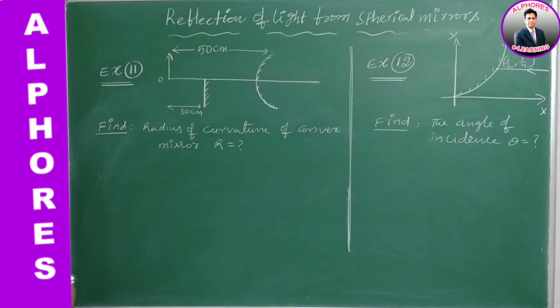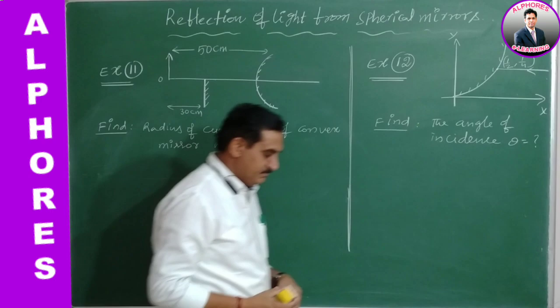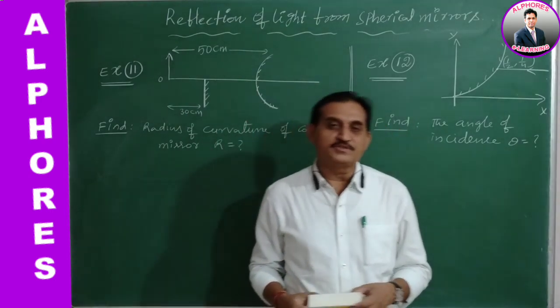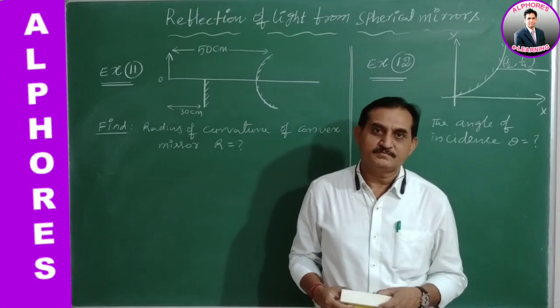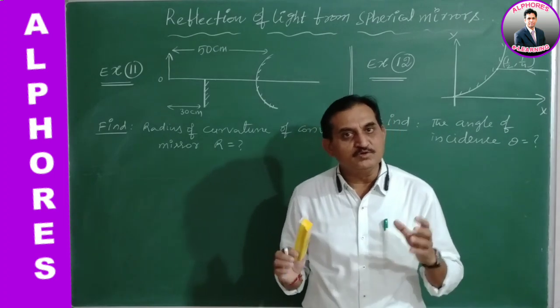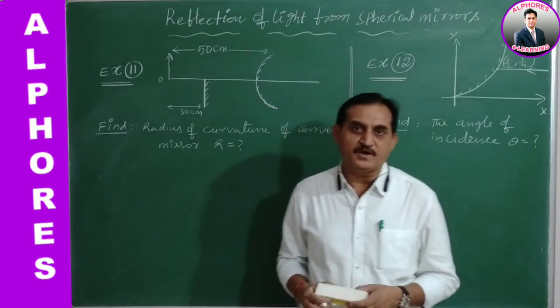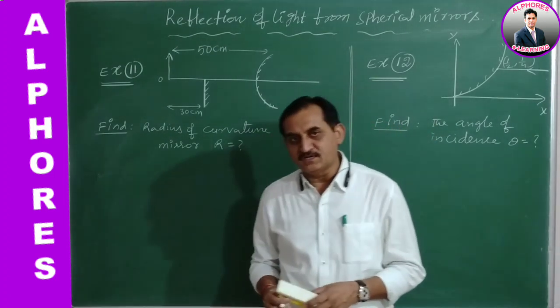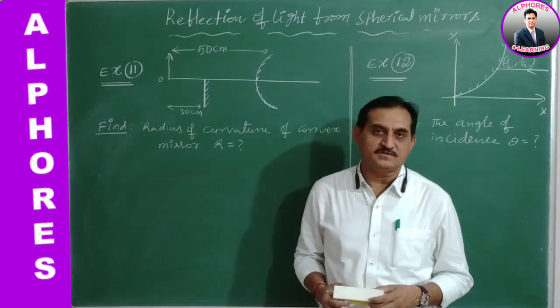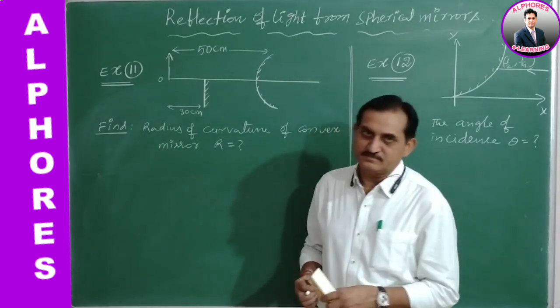As a result, the images formed by the plane mirror and the convex mirror coincide with each other, meaning there is no parallax between them. Then find the radius of curvature of this convex mirror.